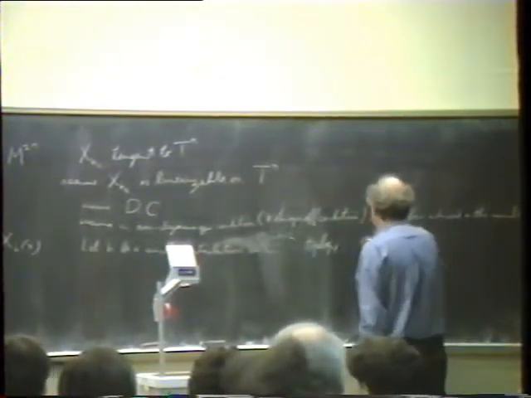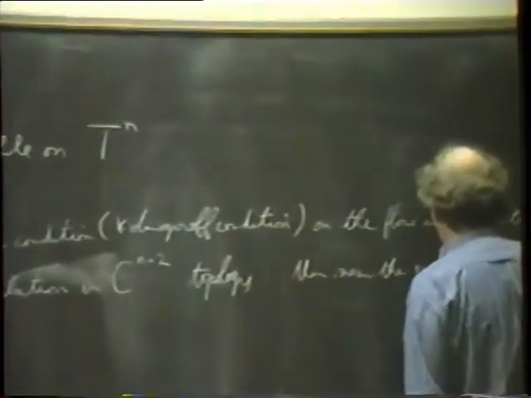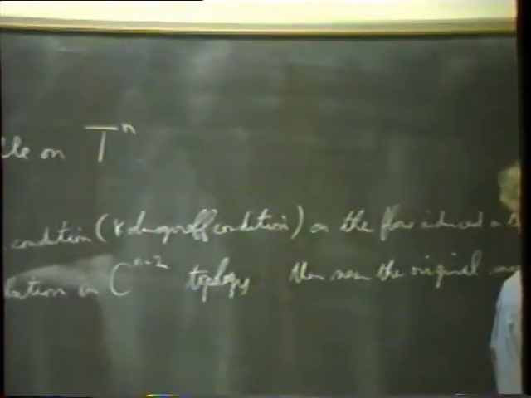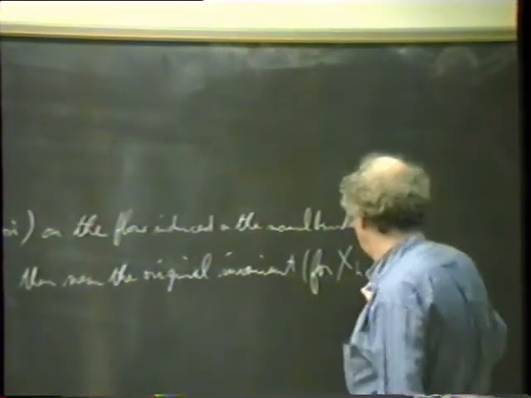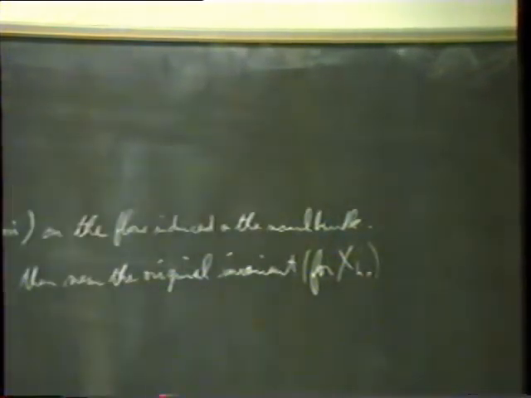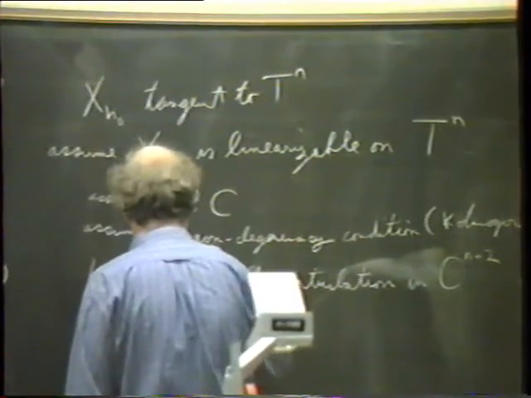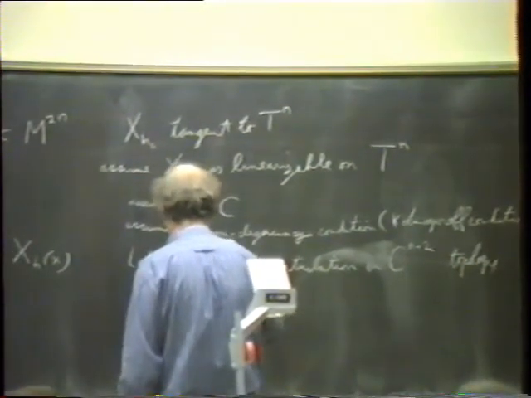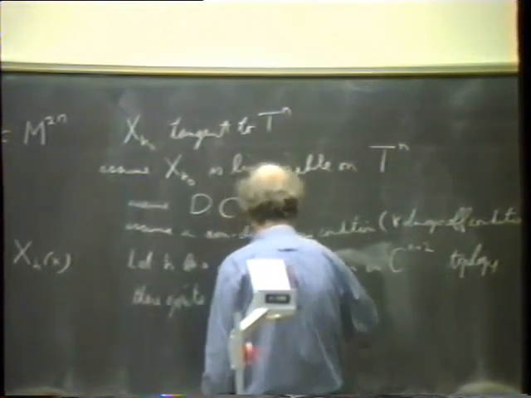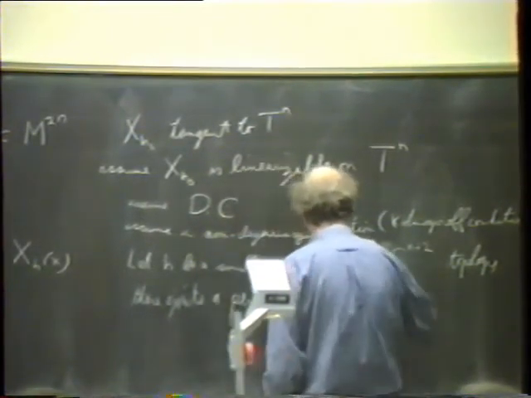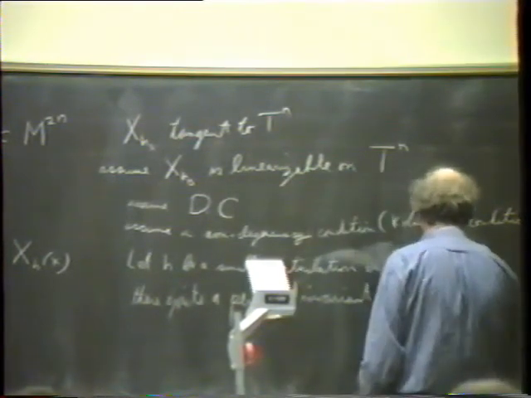Then near the original invariant torus for X_H0, there exists a new invariant torus, a perturbed invariant torus, for X_H.